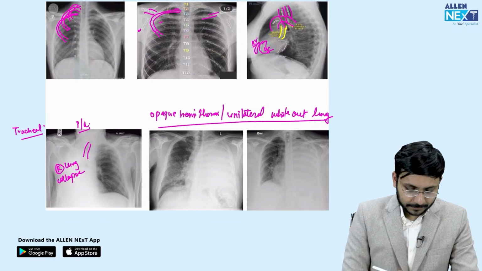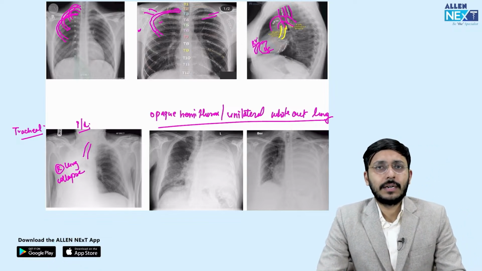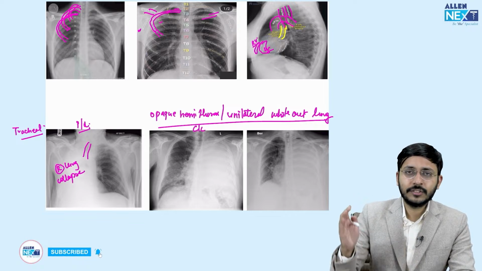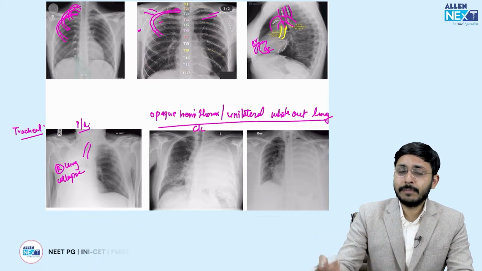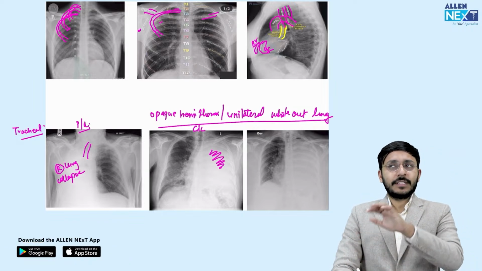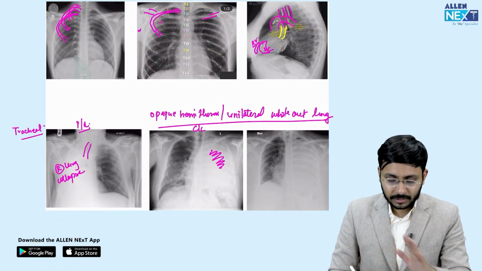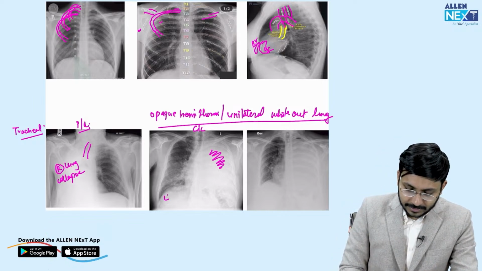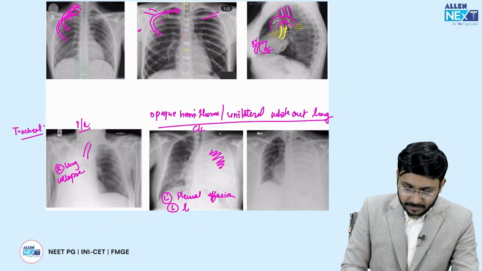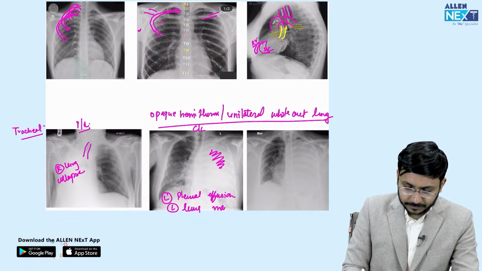But if the trachea is contralateral, it means it is pushed towards the other side. Why will it be pushed? Because there is a massive effusion or a mass which is occupying the entire left hemithorax. So this is either a left pleural effusion or a large left lung mass.